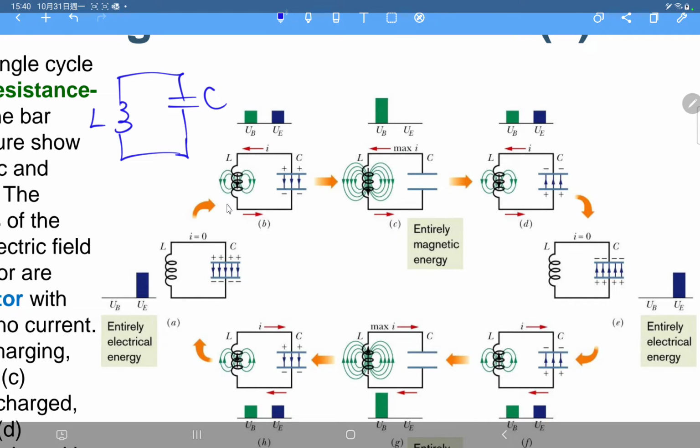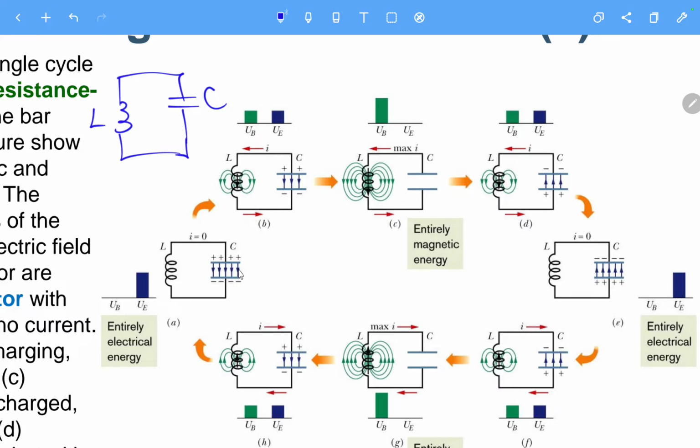Initially, we already store some energy. For example, let's choose this one: the capacitor is charged, has some initial charge. If you still remember, the energy stored here is 1/2 CV squared, the energy stored in the E field within the capacitor.